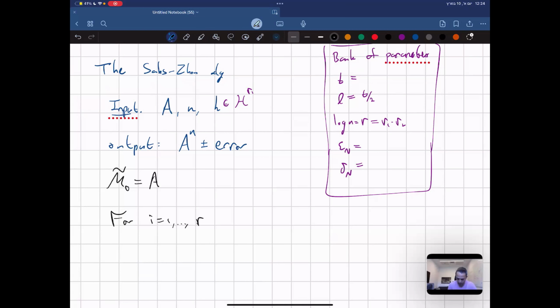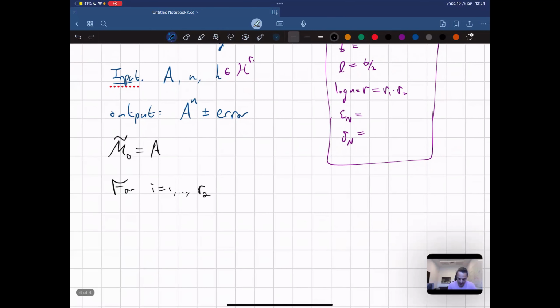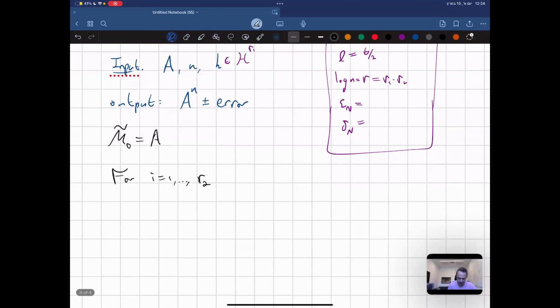I'm going to have R2 iterations. In these iterations, I'm going to take the next power. So I'm going to use Nissan with parameters epsilon and delta on M(i-1) tilde with H, same H, there is no H_i, same H all the time as promised.